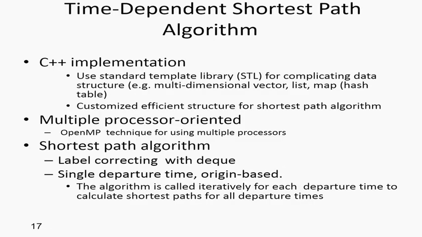Those are the advanced C++ features that help us keep track of all those advanced attributes. We also use OpenMP to enable a multiprocessor simulation, and we use a label correcting algorithm with a double-ended queue, double buffered, and we calculate the shortest path based on the origin or based on a single departure time.